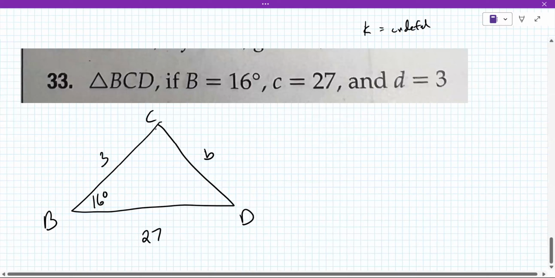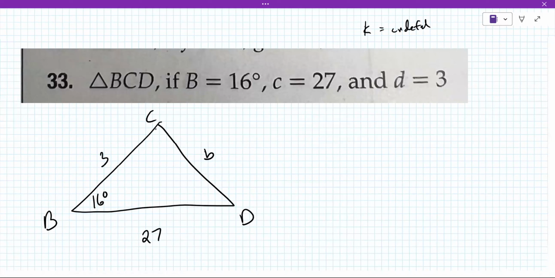So go ahead and solve for a little b, please. So it would be the square root of 27 squared plus 3 squared minus 2 times 27 times 3 times cosine of 16.